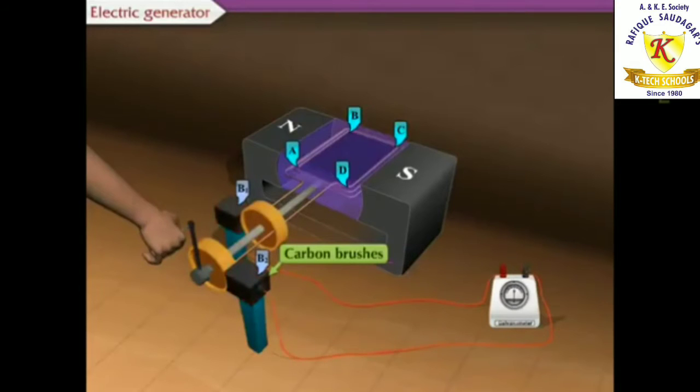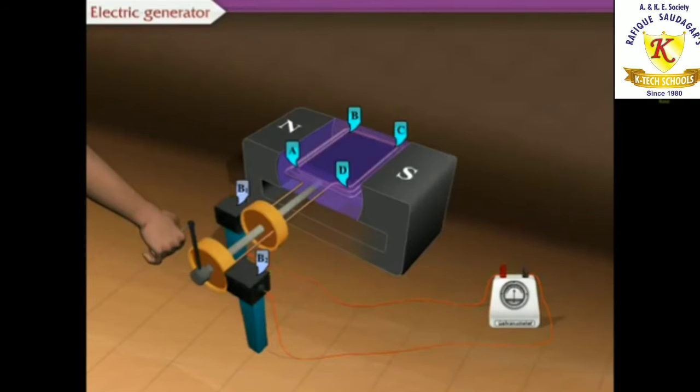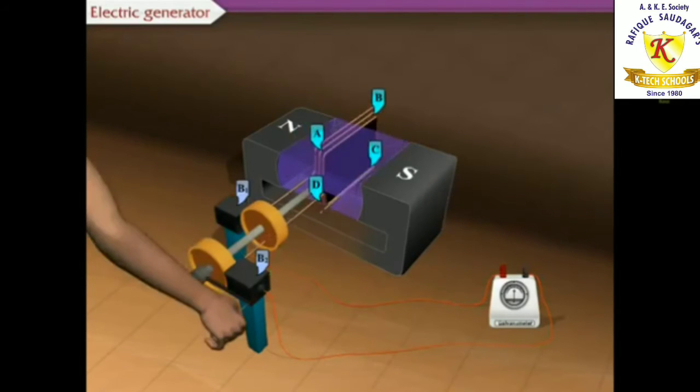These brushes are connected to a galvanometer, which shows the direction of current in the circuit. Upon rotating the axle, branch AB goes up and branch CD goes down. That is, coil ABCD rotates clockwise.